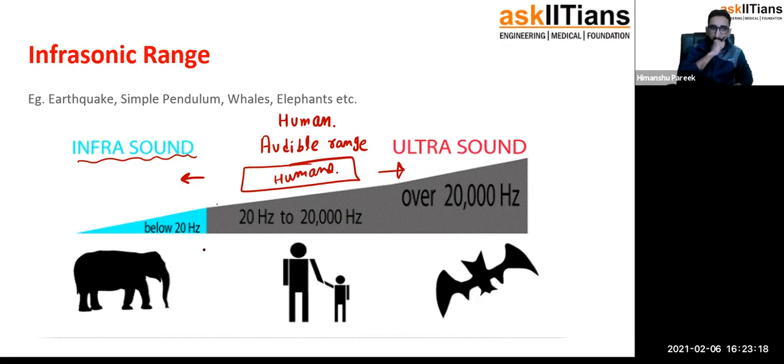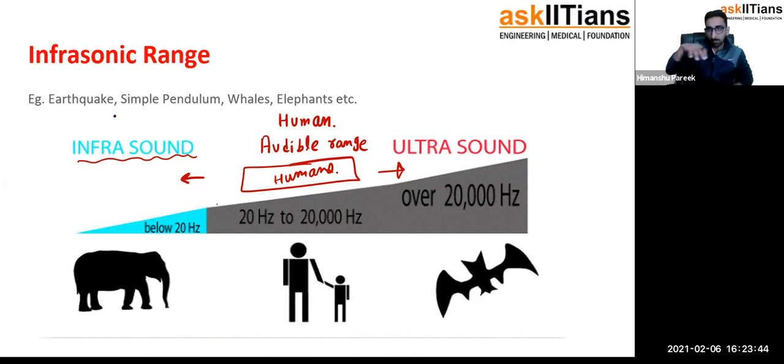Frequencies below 20 hertz can be heard by elephants and also by whales. And what produces this kind of frequency? Earthquakes. During an earthquake, these frequencies are produced. When an earthquake starts, seismic waves are produced. I guess you will be learning this in the same grade in the last chapter.